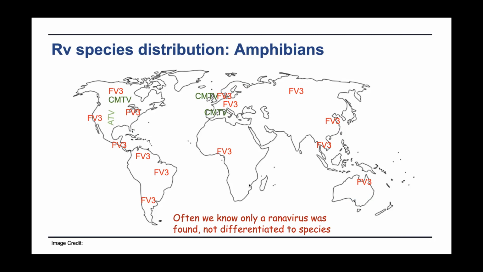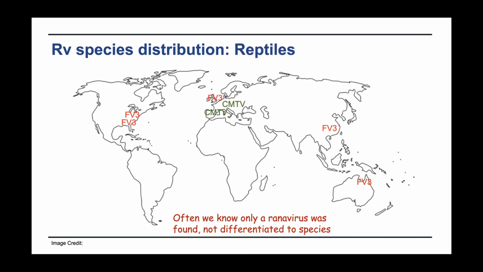But importantly, there are a lot more ranaviruses that have been found that haven't been determined down to species. If you look at a map of actual isolates of ranaviruses that have been found, it's much more filled in than this. And then lastly, reptiles, again, we've got FV3 and CMTV that have been found.